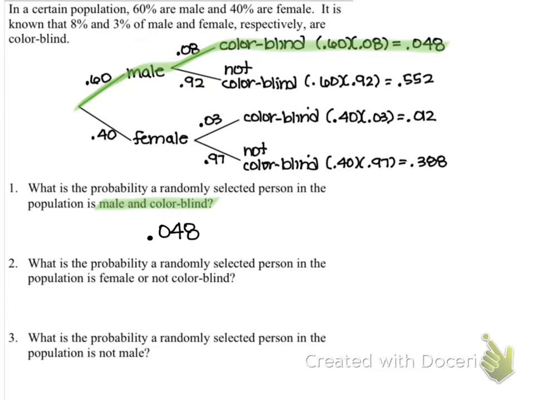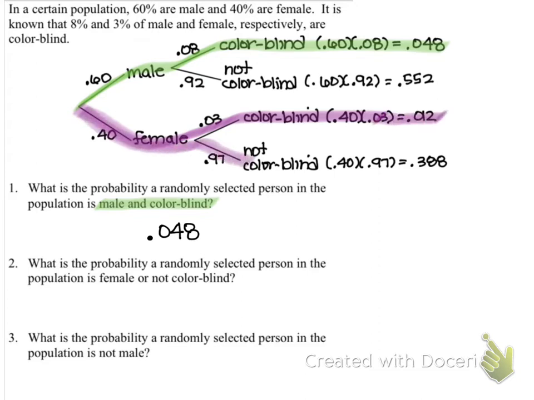Okay, number 2, we take a look at 2. I have some color coding on this one. It's the probability a randomly selected person in the population is female or not colorblind. Okay, so female, we've got multiple branches for female. So what we could do for female is go all the way down that branch, since female is in that branch.